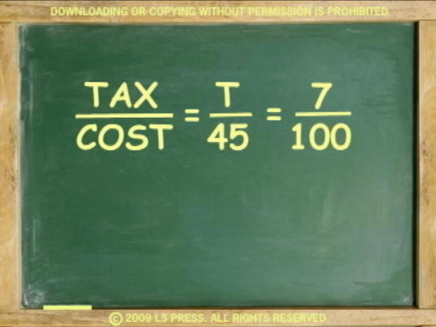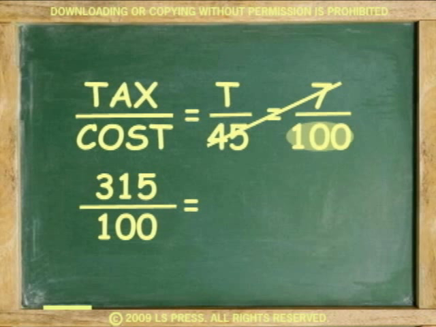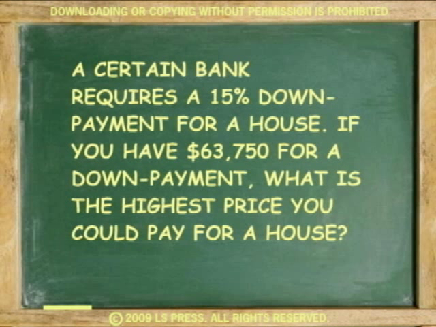Multiply and divide. 45 times 7 is 315. Divided by 100 equals the answer of $3.15.